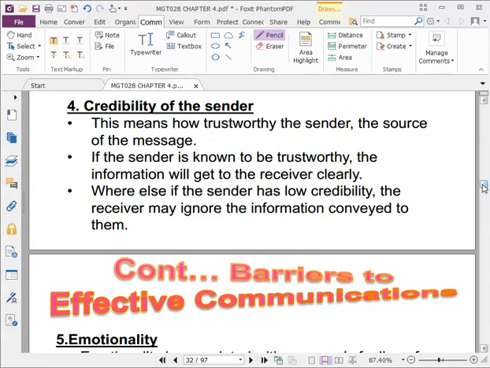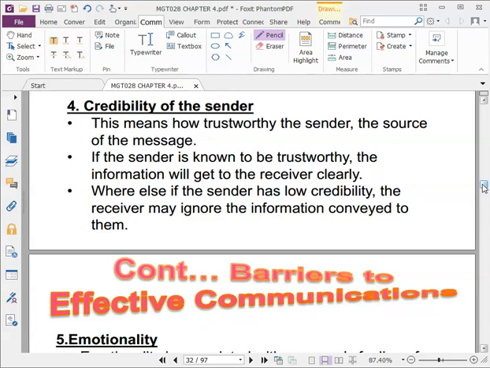Contoh kadang-kadang ada orang yang kita tak percaya kan. Contoh dalam kalangan kawan-kawan kita ada antara dia yang kita tak percaya pun sebab dia pernah bohong pada kita. Okay, that is the credibility of the sender. So, kadang kita tak boleh nak percaya bulat-bulat apa yang sender tu bagi tahu. So itu menyebabkan kita tak akan terima, kita akan ignore saja information daripada message tu tadi.